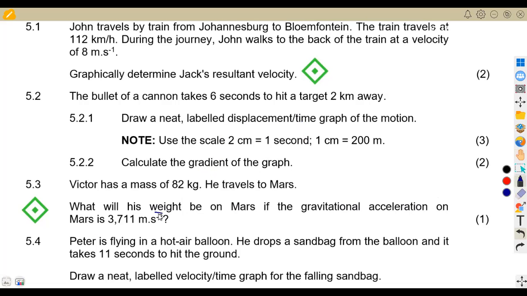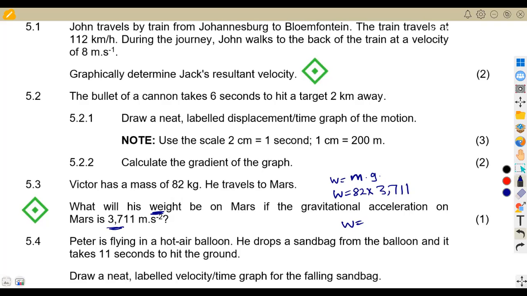Weight is the force, which is the mass times the gravitational acceleration. So it is going to be 82 kg, but the gravitational acceleration for Mars is 3.711. So you multiply these two, and that can be your weight in newtons.